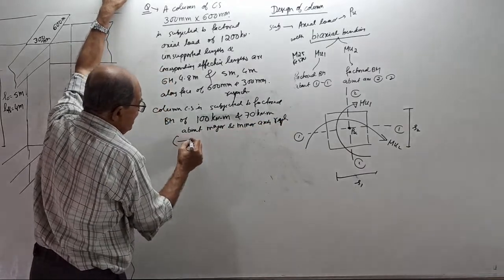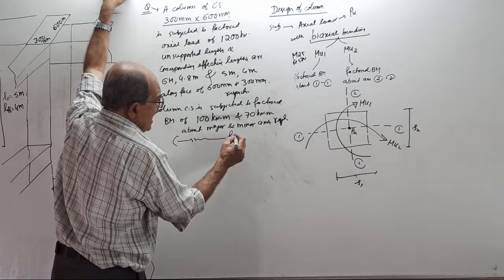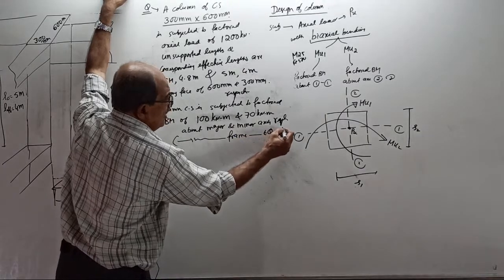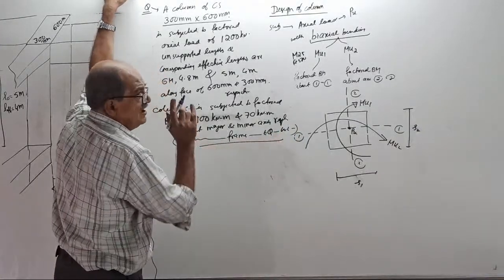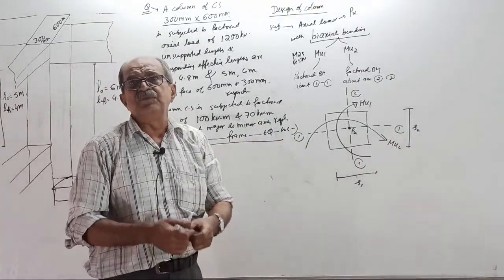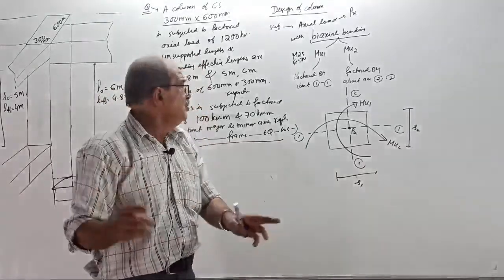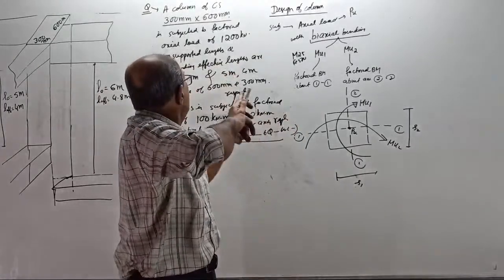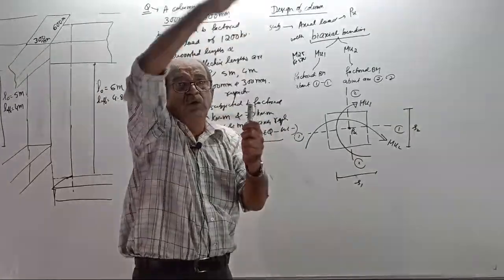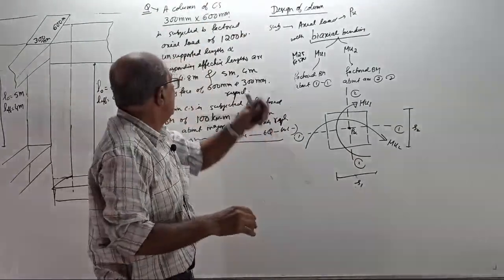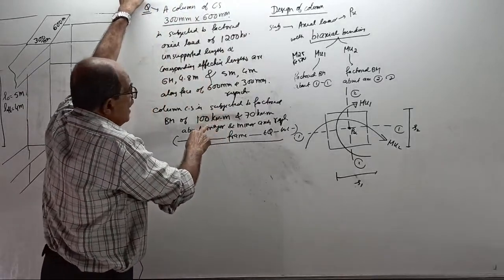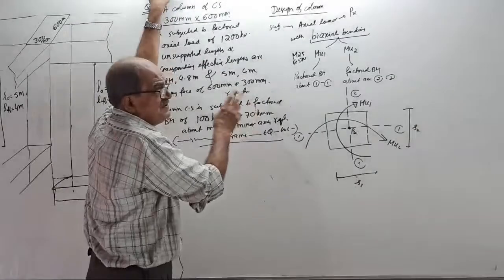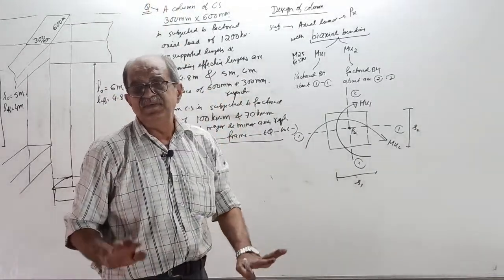This may be due to frame action or earthquake or wind load, etc. You write: these are due to the frame BM, or you get the BM by analysis. Axial load of how much? 1200. Then about the major axis 100 kN meter, about the minor axis 70 kN meter. This is the data given.